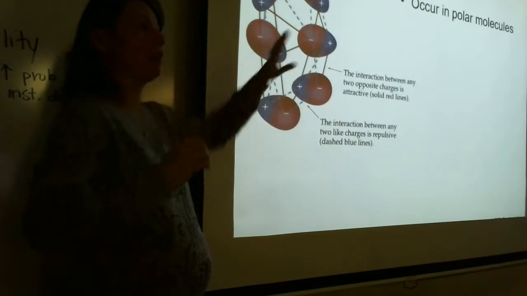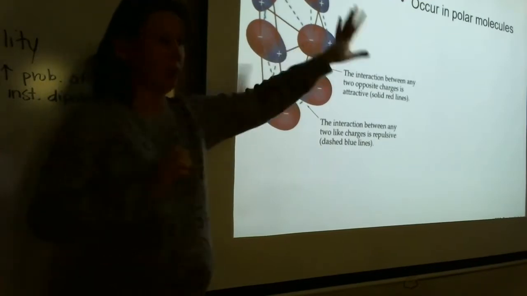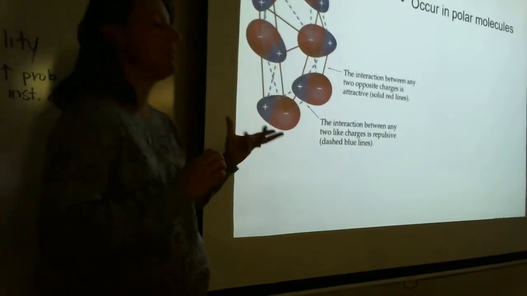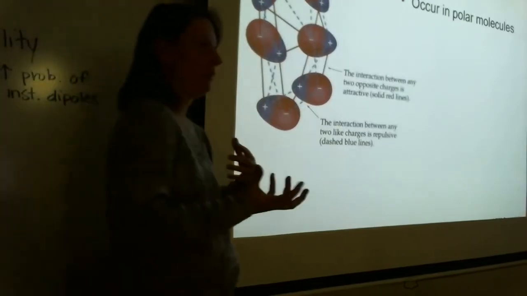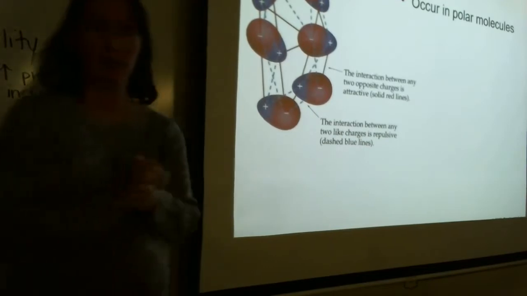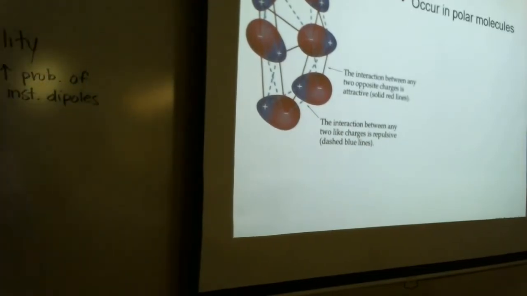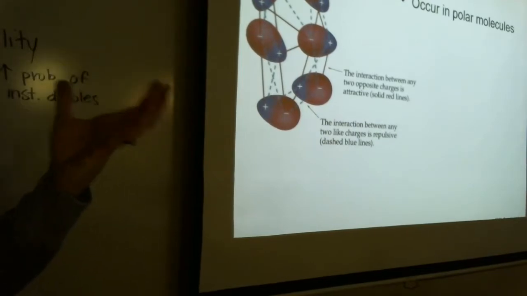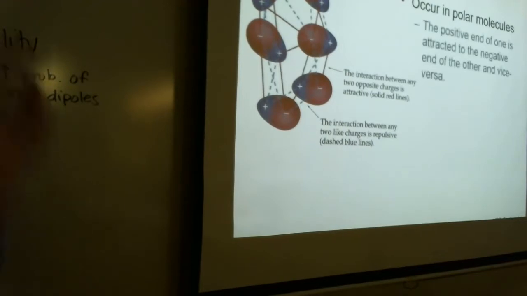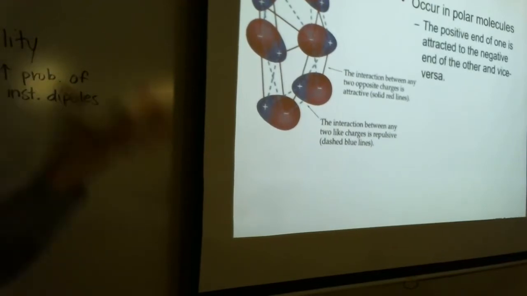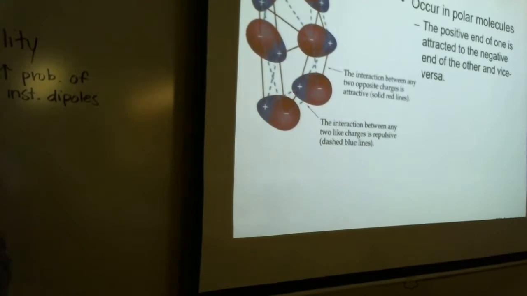To determine that, you just need to decide if it's a polar molecule. If it's a polar molecule, that means there are regions where there's a positive end and a negative end. So if you can identify an area where there's high electron density and low electron density, that gives you a positive end and a negative end, meaning it's a dipole. So every dipole will experience dipole-dipole forces.